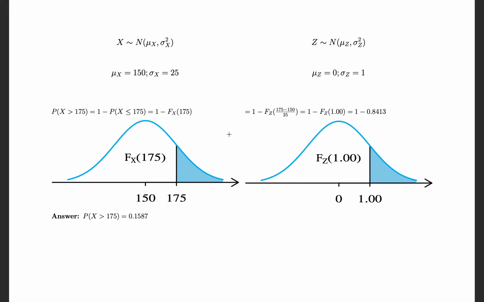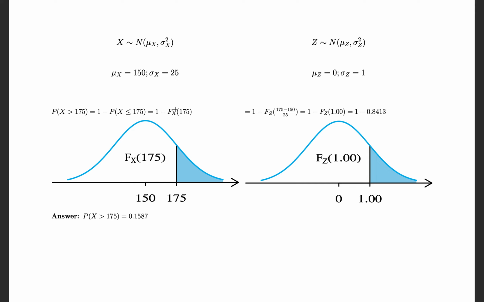But in order to use the table, we have to first convert our x into a z, because z has a mean of 0 and a standard deviation of 1. But we had a mean of 150 and a standard deviation of 25.